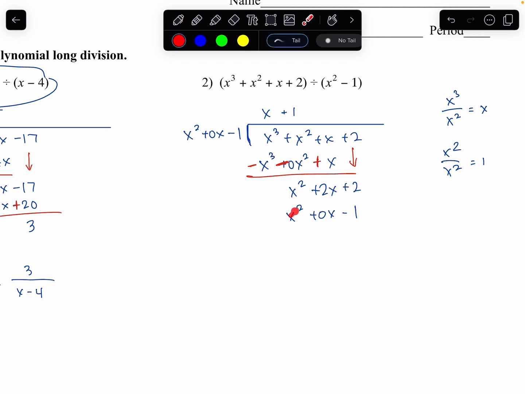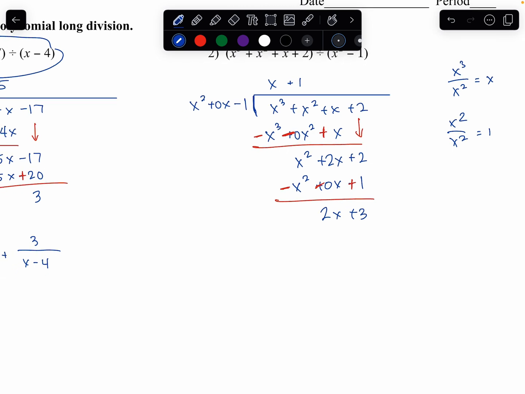So I divided those, I got 1. I'm going to multiply, and I get this right here. And now I'm going to subtract, so I'm going to flip the signs of everything here. And then do the math here, combine like terms, those are going to go. That's going to leave me with plus 2x, and then plus 3.